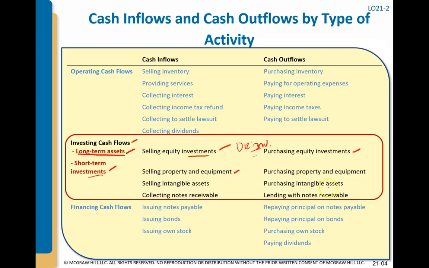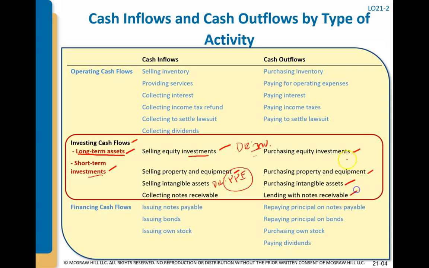Another type of investing activity is buying or selling property and equipment. Let's say we bought property and equipment, we would debit PP&E and credit cash if we paid for it in cash. That PP&E resides in the long-term asset section of the balance sheet. Same thing for intangible assets.